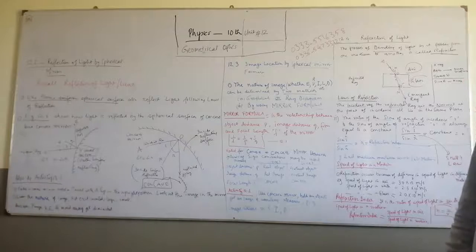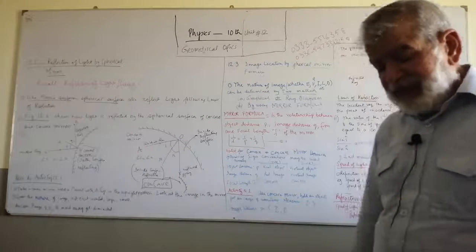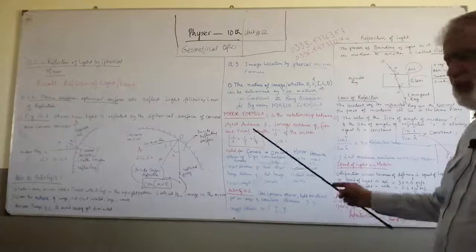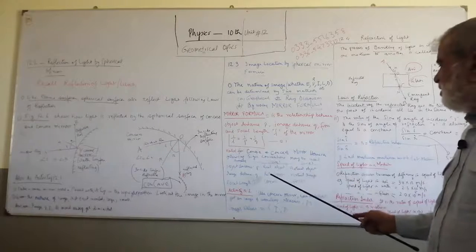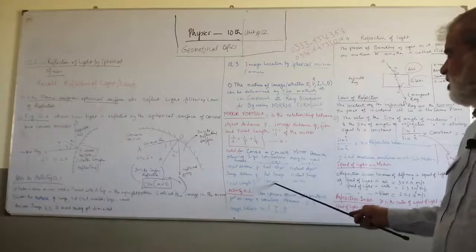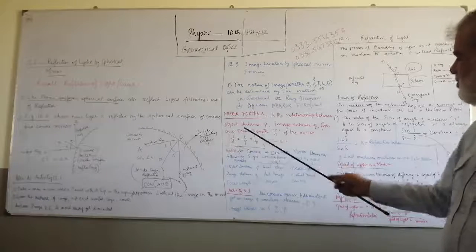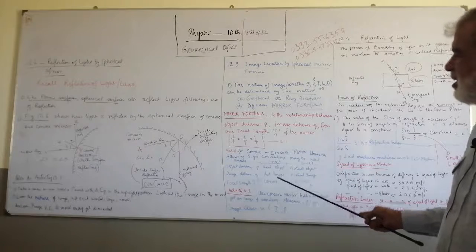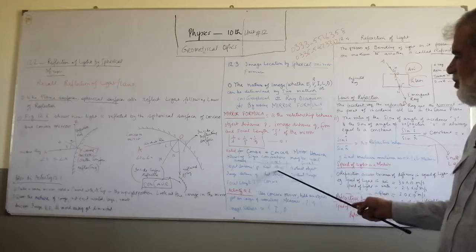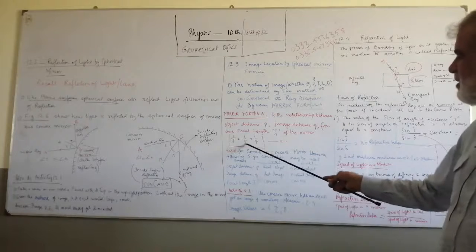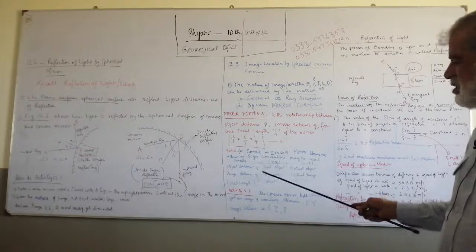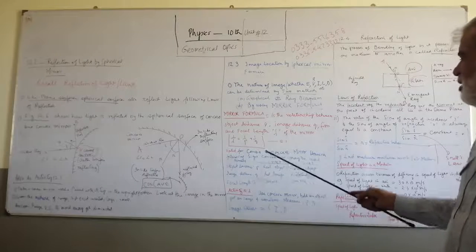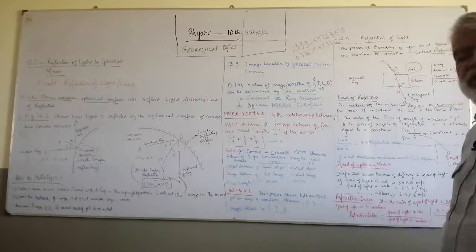There are certain conventions regarding these signs, and you have to remember this: F is always positive for concave mirrors, and F is always negative for convex mirrors. P is always positive for real objects, and P is always negative for virtual objects. Q is always positive for real images, and Q is always negative for virtual images.